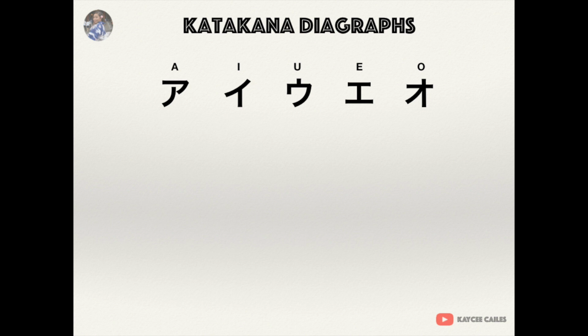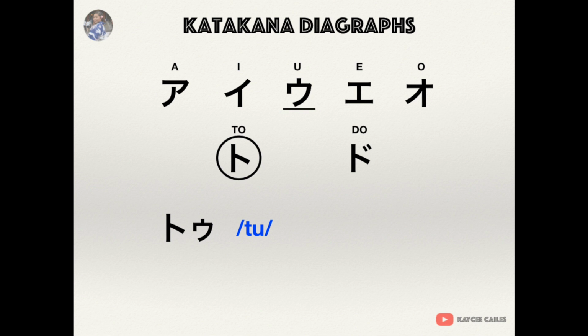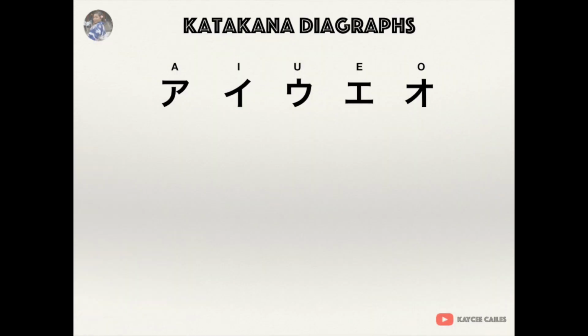Next in line is to and do. To and u will produce a sound tu. Do and u will produce du. And then we have fu.